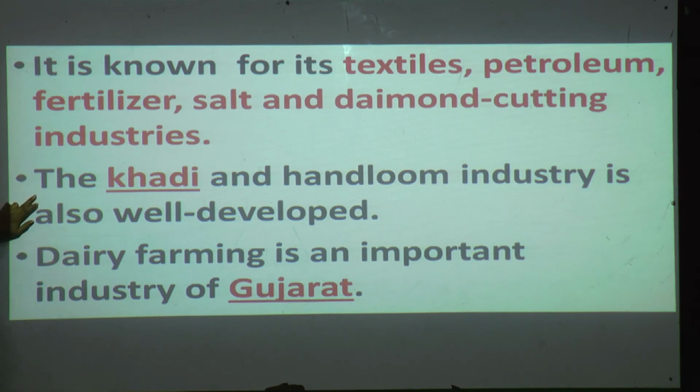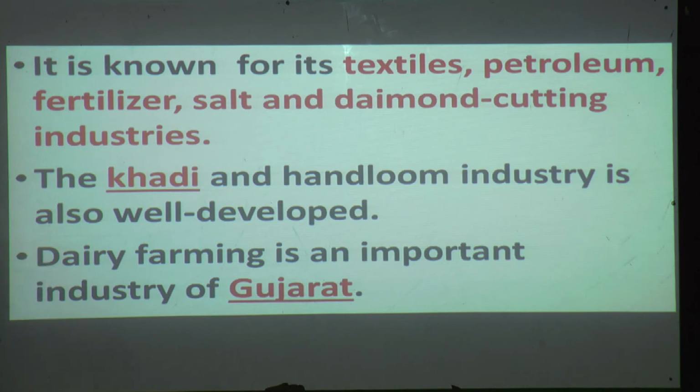Now what else do we have here in Gujarat? Khadi and handloom industries are also well developed over there. Dairy farming is also an important industry of Gujarat. Dairy products are what we take in the morning, like milk products and paneer. Whatever products are made from milk are called milk products or dairy.